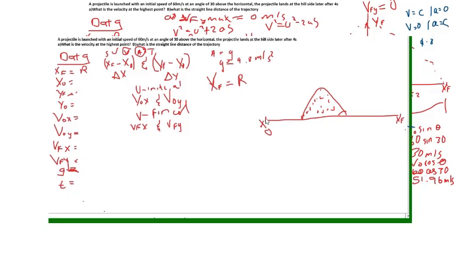Then a projectile is set at this angle, which is 30 degrees. Then the velocity is 60 meters per second. So this is the v initial. Okay, so like this. Then it went like this.